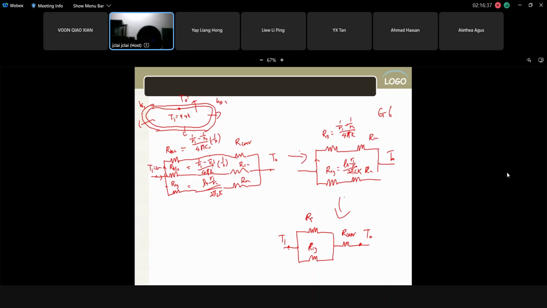R convection for sphere equals 1 over A sphere times H, and R convection for cylinder equals 1 over A cylinder times H. Then, if you simplify, R convection becomes 1 over (A sphere plus A cylinder) times H. So you will get the same answer. Do you get what I'm trying to say?